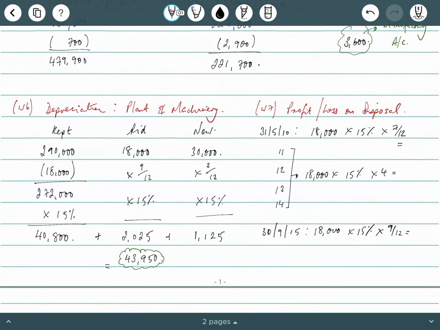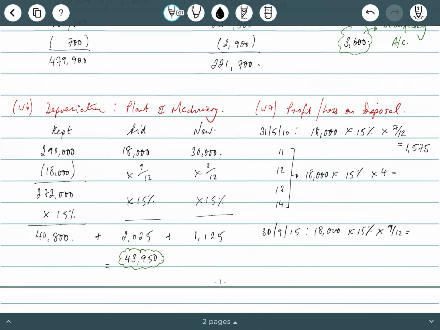Okay, so let's work those out. So 18,000 by 15%, times 7 over 12. Sorry, no, do that again on the calculator. 18,000 by 15% gives 1575.